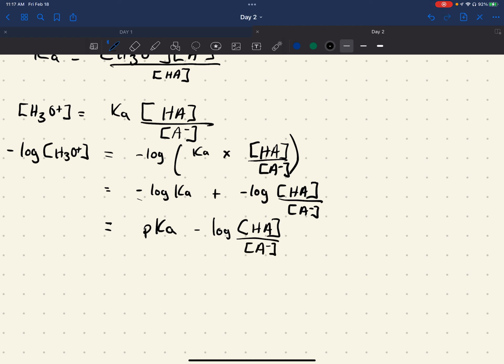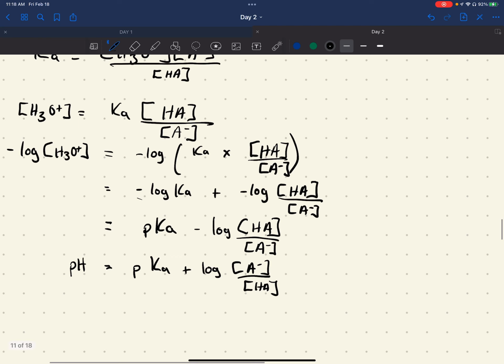Now, somebody determined that instead of expressing it this way, they wanted to get rid of this subtraction. There's another log identity where if you're taking the log of a ratio like this, if you flip the ratio, it changes the sign in front of the log. So that's going to be pH equals pKa plus log of the concentration of A minus over the concentration of HA.